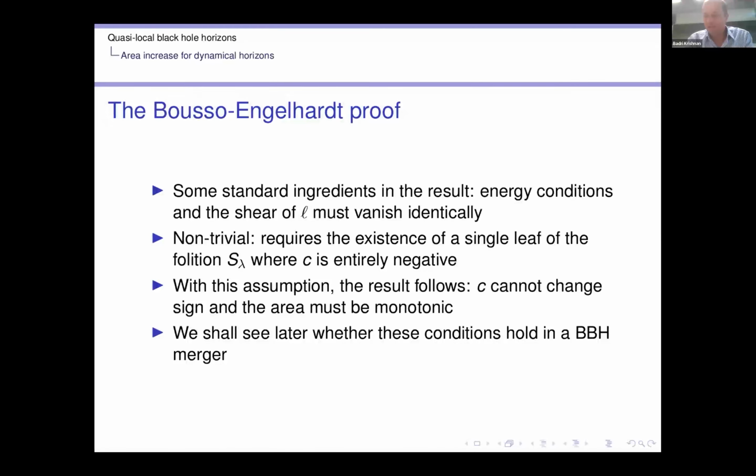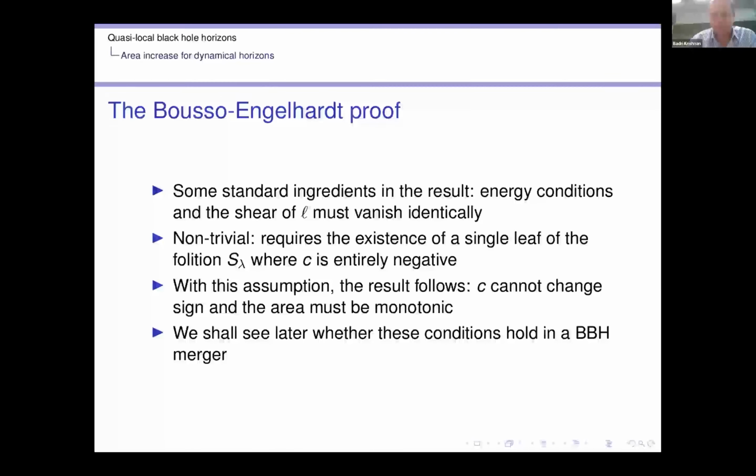For those of you who know elliptic equations, the result is based on a maximum principle argument. That requires one time at which this C is entirely negative. Apart from that, you have the energy conditions, and the shear of L must not vanish identically. So you cannot have these very non-geometric cases where the shear is entirely zero.